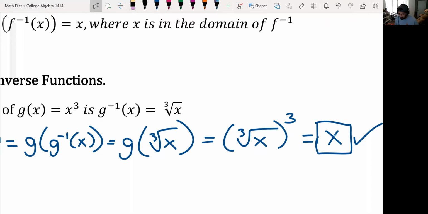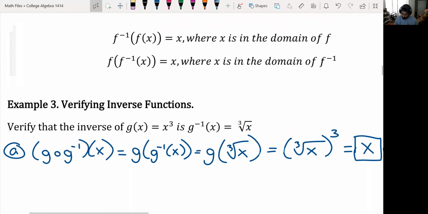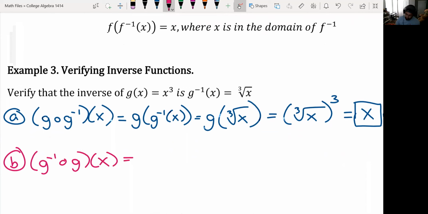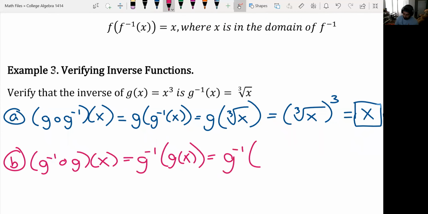But just to double check it, let's compose it the other way. We'll say g inverse composed with g of x. This will give us g inverse of g of x, which will give me g inverse of, and remember that g of x is x cubed.